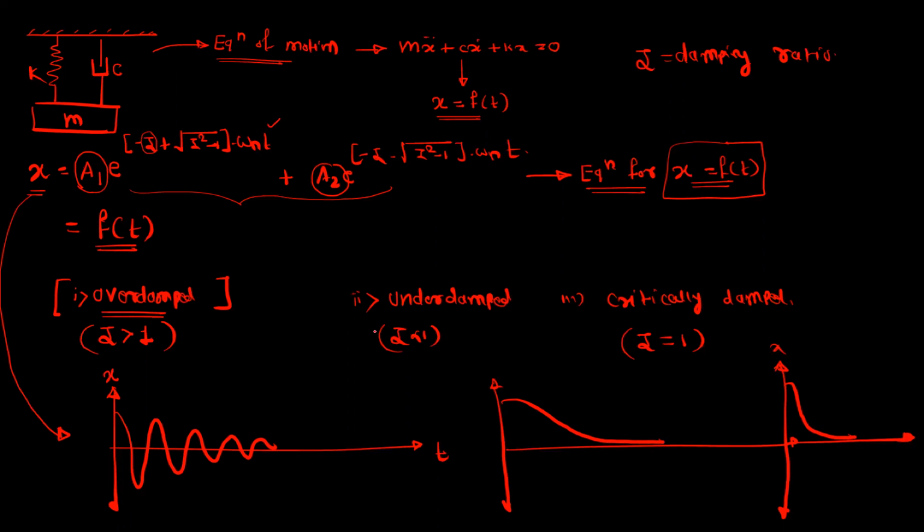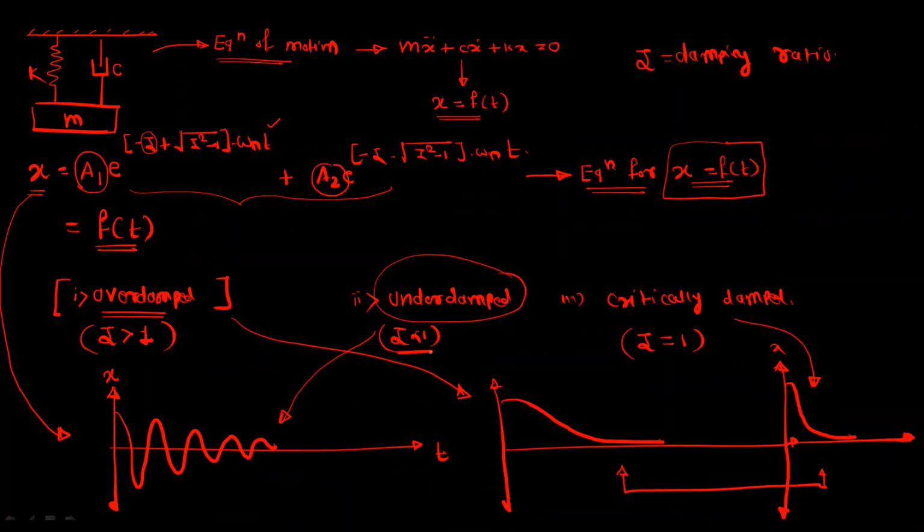Okay, so actually this waveform, this is for underdamped system, this is for the overdamped system, and this is for the critically damped system. Okay, so these two waveforms, these are non-oscillatory, and only for the underdamped system, when zeta is less than 1, we will get the oscillatory waveform, where the amplitude, it is continuously reducing with respect to time.